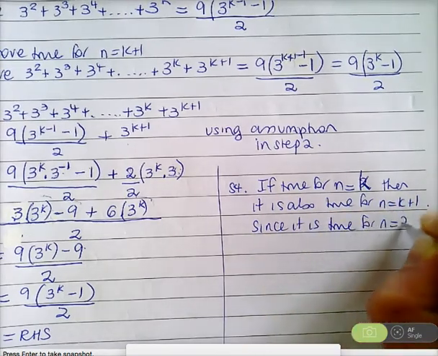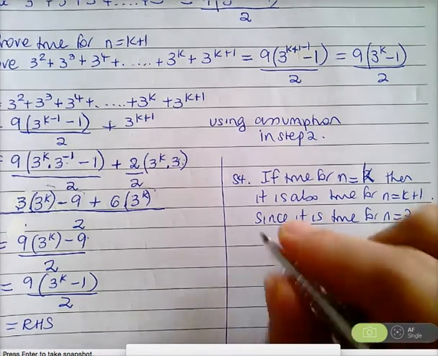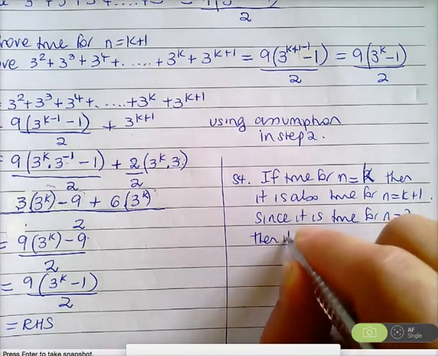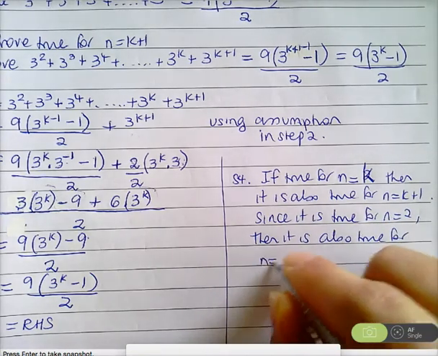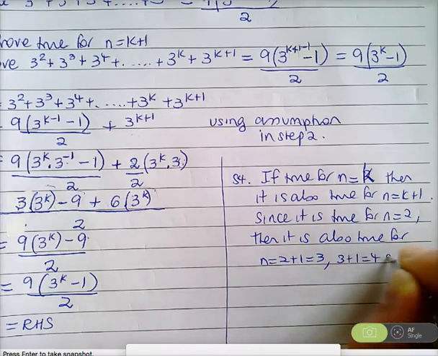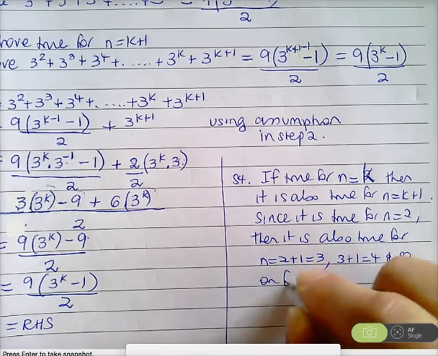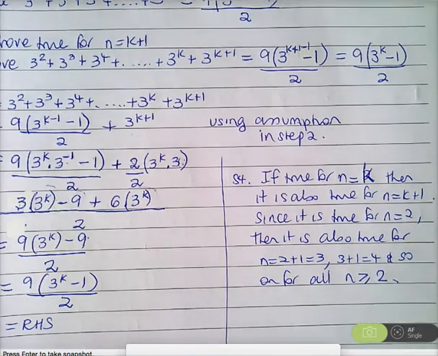Since it is true for n equals 2, then it is also true for n equals 2 plus 1, which is 3, 3 plus 1, which is 4, and so on, for all n greater than or equal to 2.